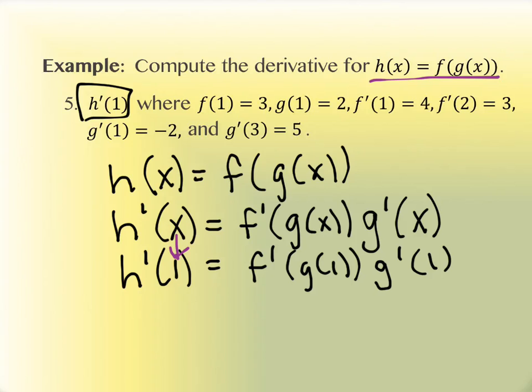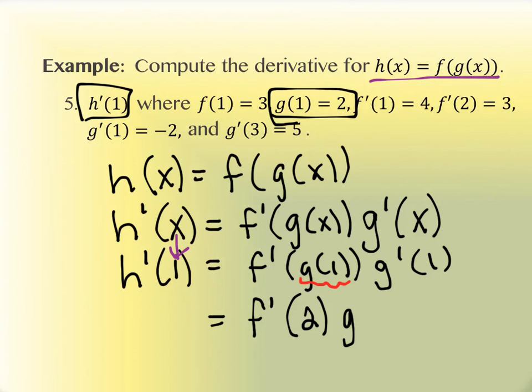From this part right here, I know what g of 1 is, and I know what g prime of 1 is. We'll do one of them at a time just so that we're not getting confused in the mix. What in the world is g of 1? 2. It was given to us right here. Agreed? What is f prime of 2? Because that's the next piece I'm going to work with right here.